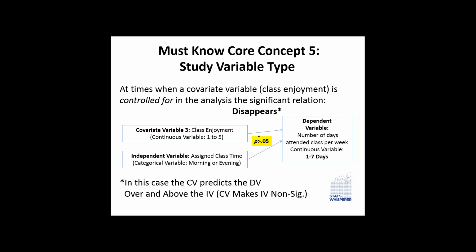Now think about it. If you don't add the appropriate covariate variables, and you don't control for those factors, you could be totally misinformed and think class attendance is a function of one variable when it's really the function of another. So covariates are very important.